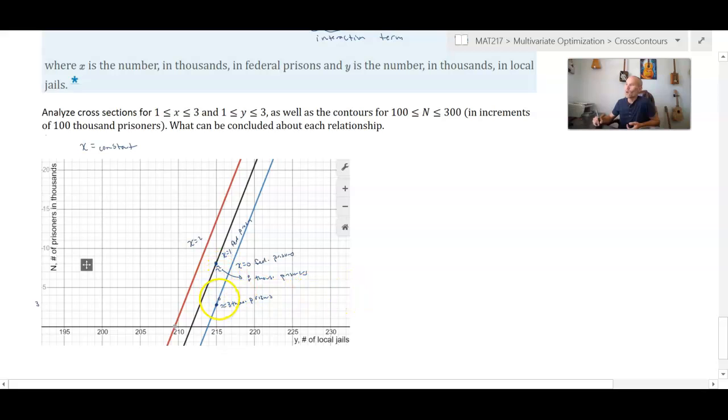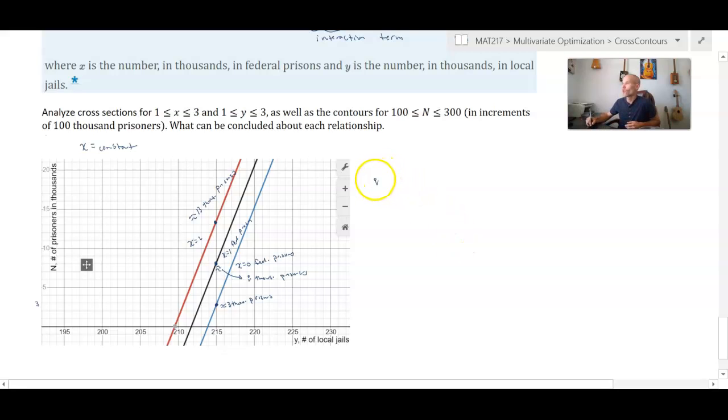But if you have more federal prisons, for that same number of local jails, you can house more prisoners. When you have x equals 2 federal prisons, notice that that number is right at about 13. So we have approximately 13,000 prisoners. So the more federal prisons we have, the more prisoners we can have, while still having the same number of local jails.